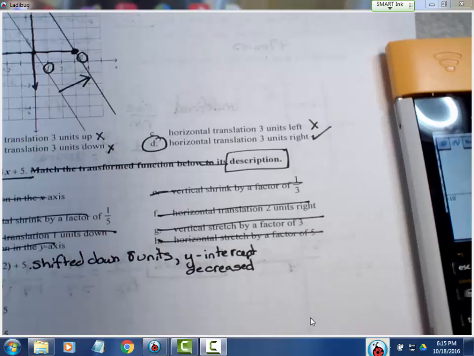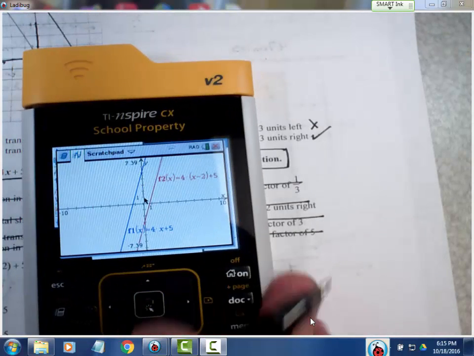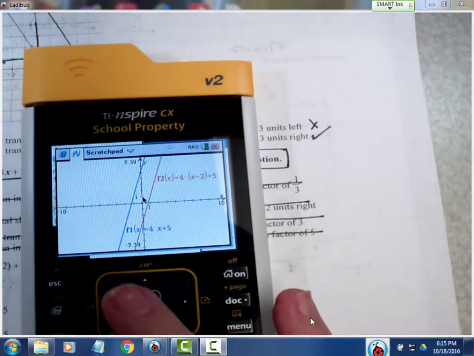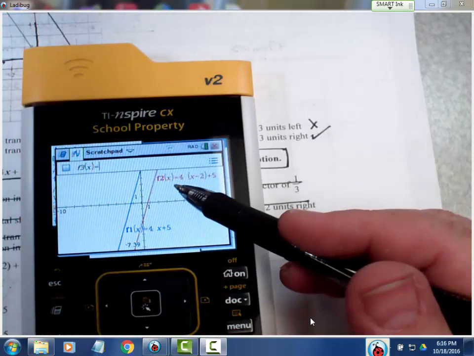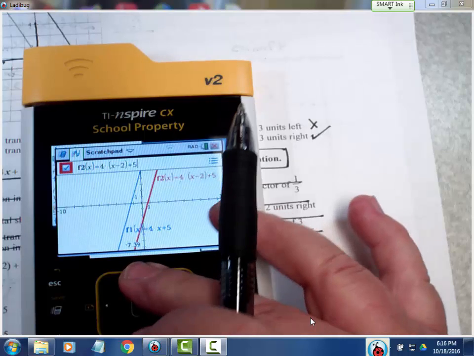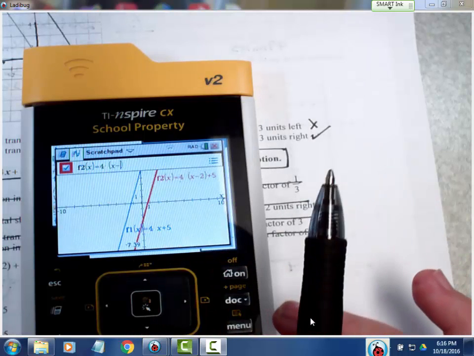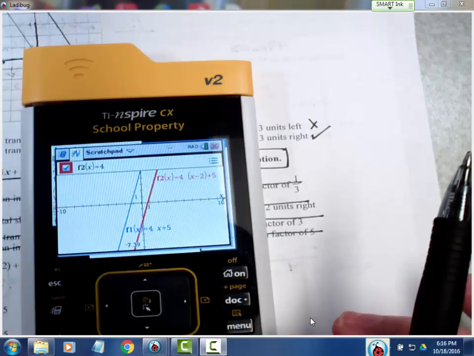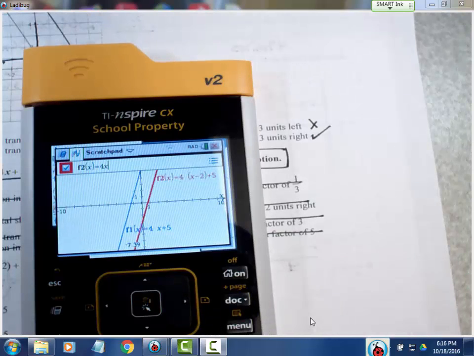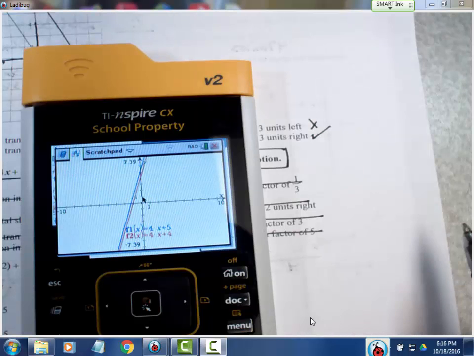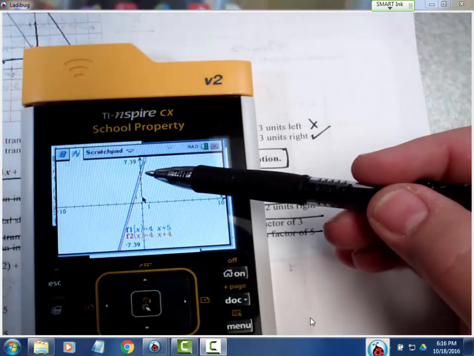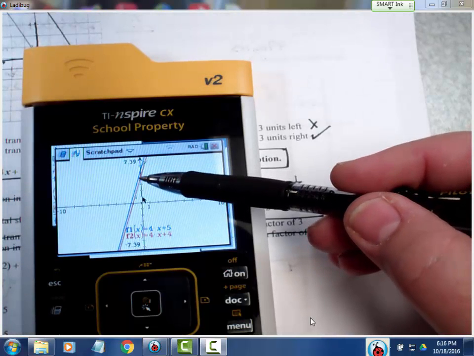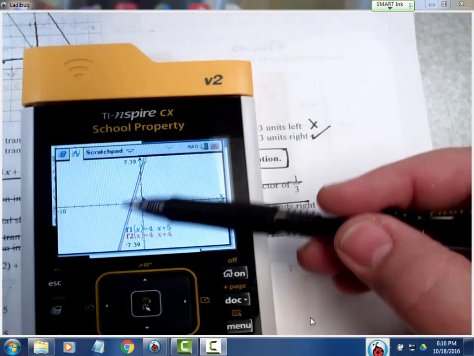Okay, and so then we would come back to our calculator, and I would hit tab, and now it says f of 3, but I don't want this f of 2 anymore, so I'm going to just arrow back up. I'm going to take that one out, and I'm going to replace it with 4x plus 4. Hit graph, and now this one, it's kind of tough to see on here. They're really, really close together, but my blue line is above, but these lines are running parallel to each other.